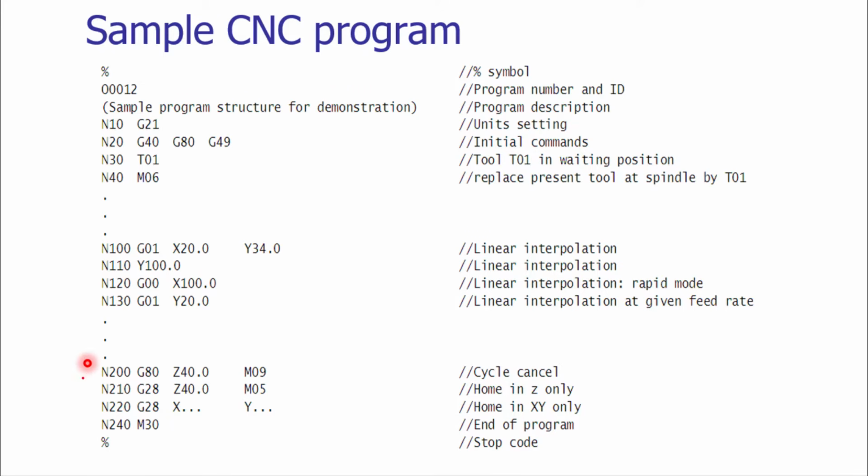At the end we are having the cancellation section. All the cycles would be cancelled, and afterwards we are asking the tool to go to its home position by using the G28 command, and by using M30 the program will stop, and at the end of the program again we are putting the percentage sign.